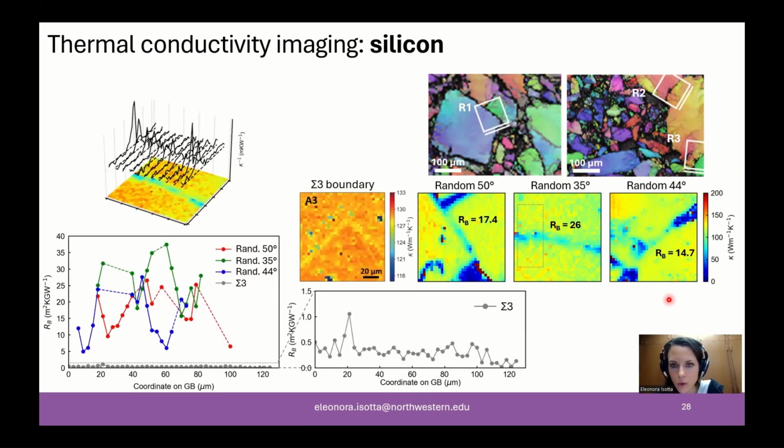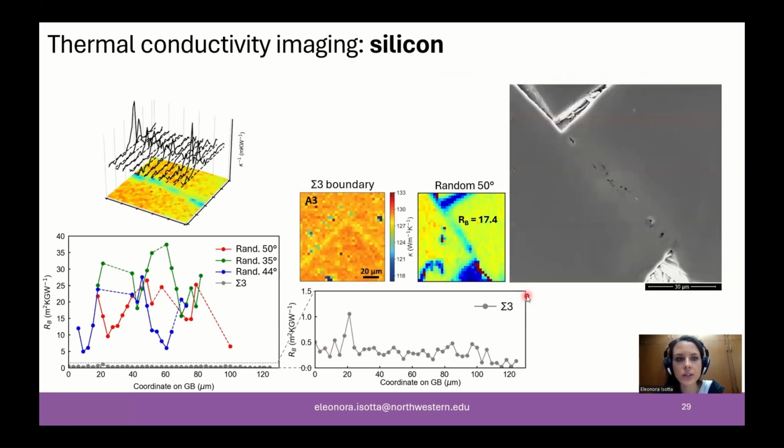And this is not the only interesting thing. The other interesting thing about this measurement was that we could notice that resistances were higher, but also much more fluctuating compared to, for example, a sigma 3 boundary that is over here, just for reference. We think this can also be due to the nature of these other boundaries, because being made with spark plasma sintering, the sample was not fully dense.